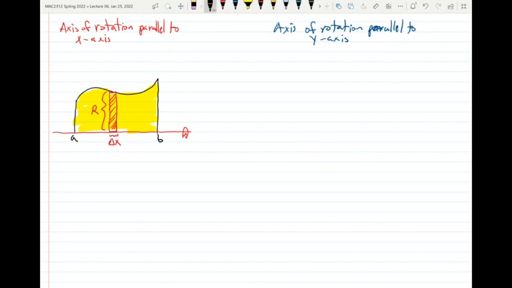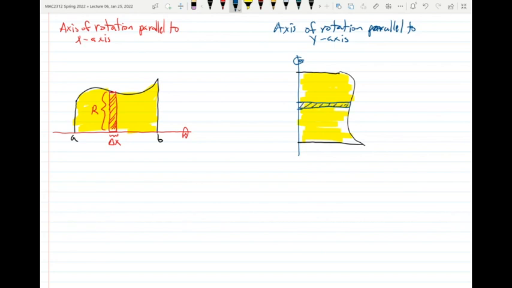Now, let me do a parallel picture here. Let's say that we have something like this. Here we have the y-axis, or something parallel to the y-axis, a perpendicular axis of rotation. And now we want to rotate this region about this axis. Once again, we fill this with a bunch of rectangles. Let's say this is a typical rectangle.